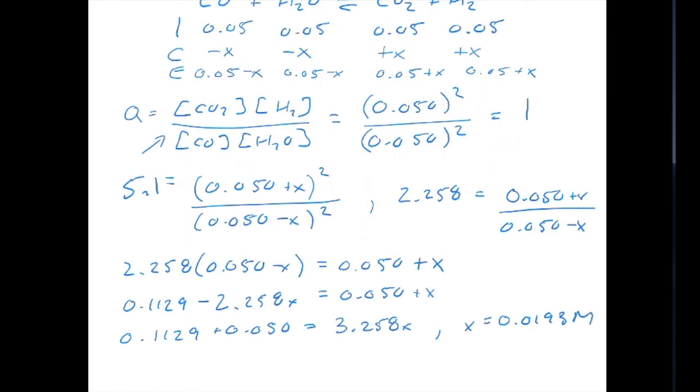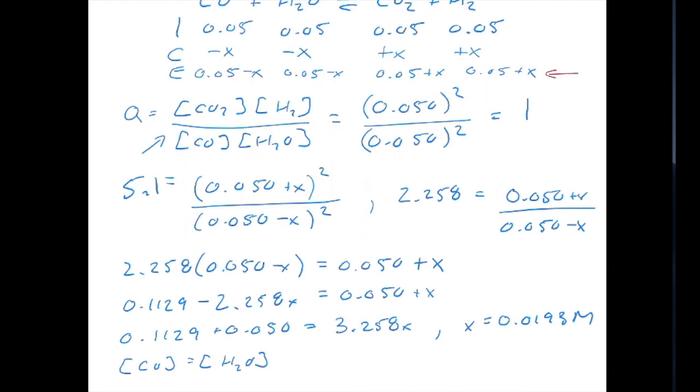Okay, so again, our equilibrium conditions are here. So for the reactants, we have to subtract our calculated x value from the 0.05. So the concentration of CO is going to equal the concentration of H2O, which is going to equal 0.05 minus 0.0193.